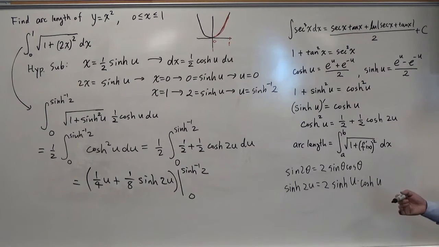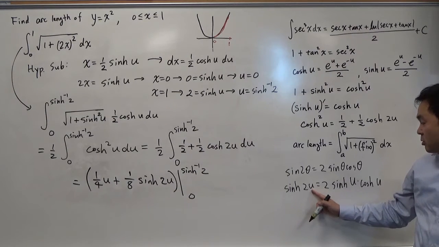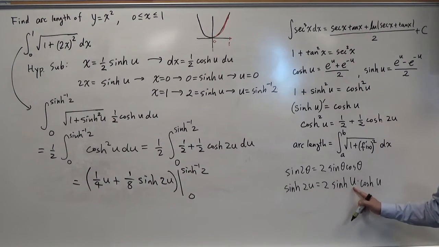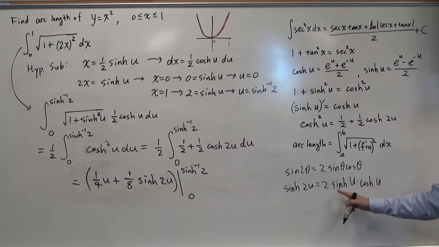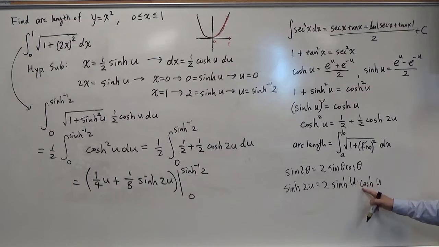And then, therefore, when you plug in sine hyperbolic inverse of 2, this is going to get in here and there. Of course, sine hyperbolic of sine hyperbolic inverse of 2 would be 2, whereas we need to figure out what cosine hyperbolic of it is. So let's figure that out.